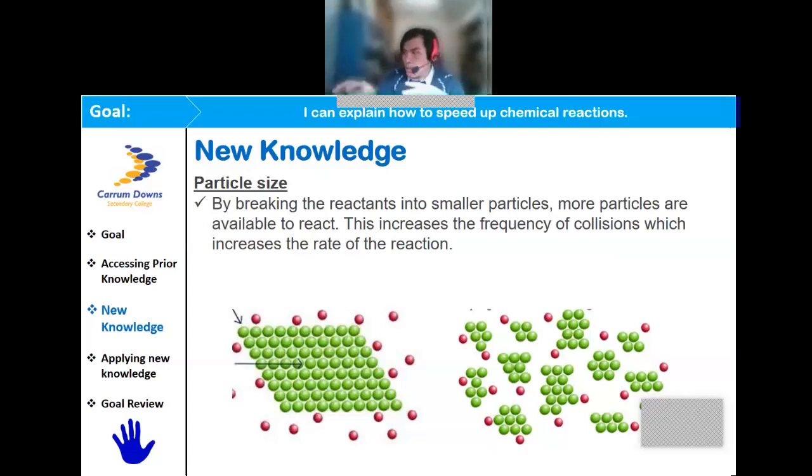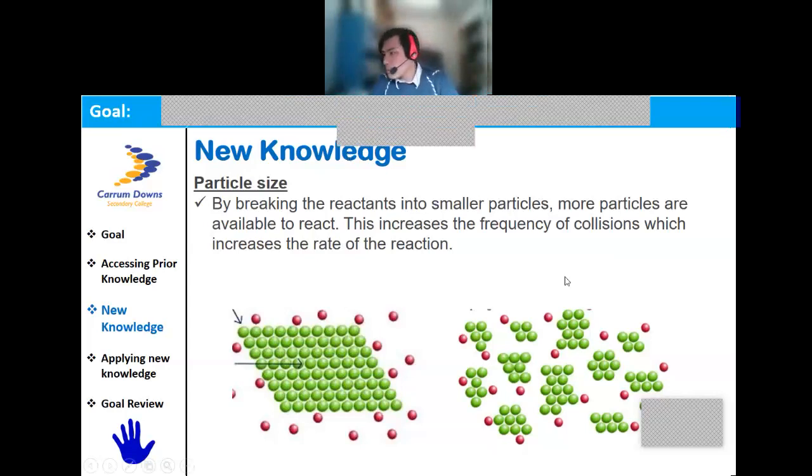As you can see on the diagram, on the left-hand side they're all clumped together, so the red particles can only react with the green particles on the outside. But if you break them all up, the red particles can also react with the particles that were originally on the inside.